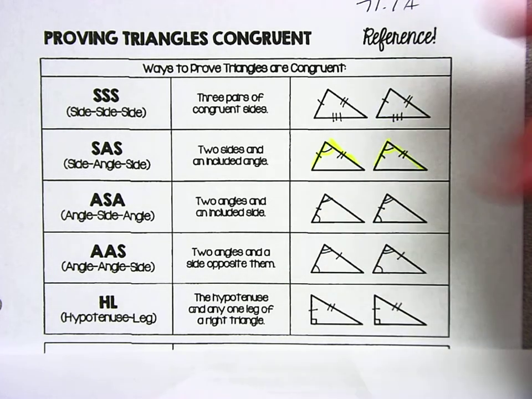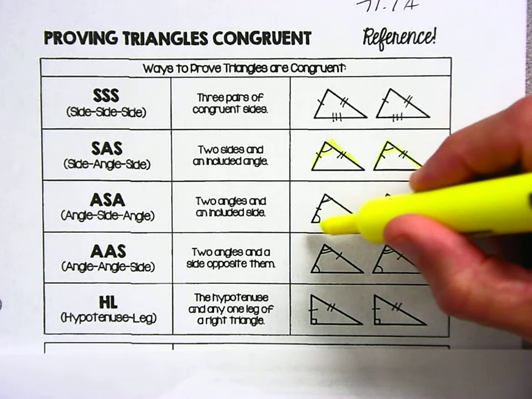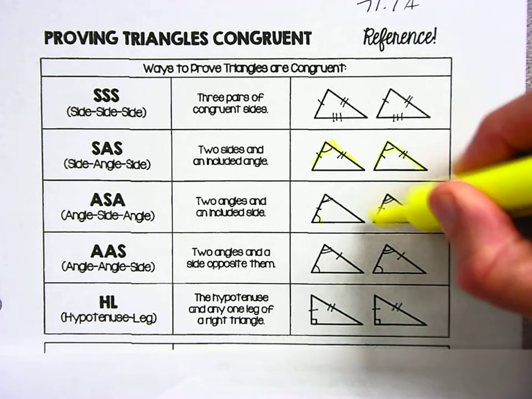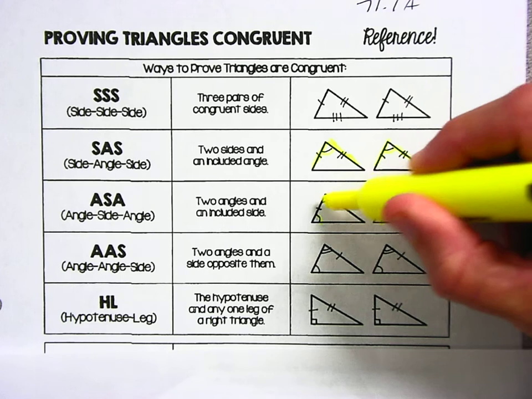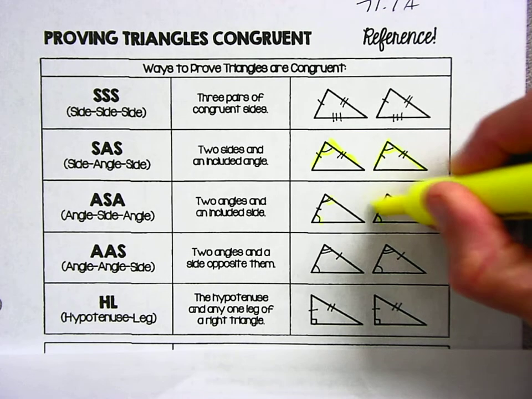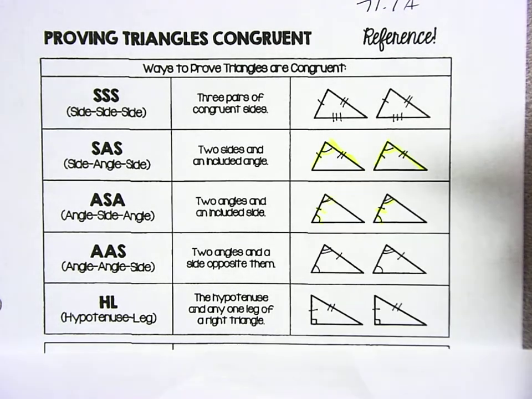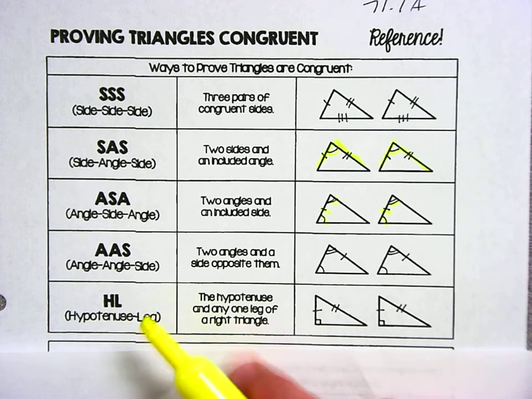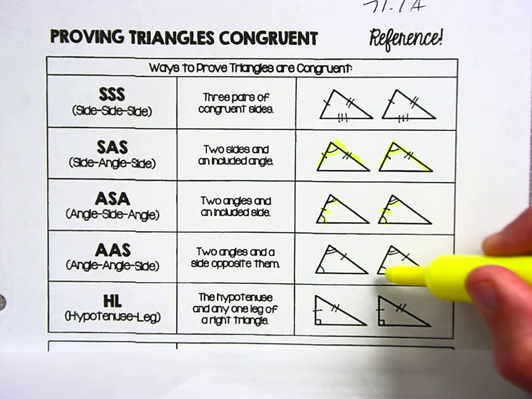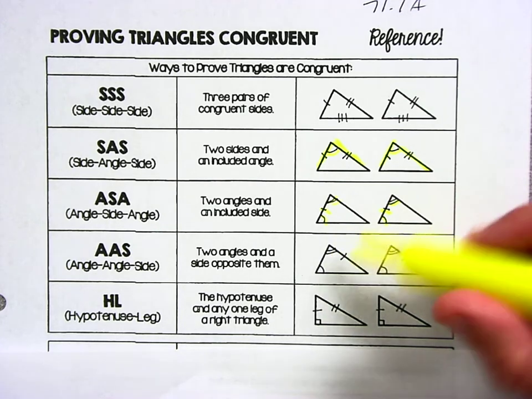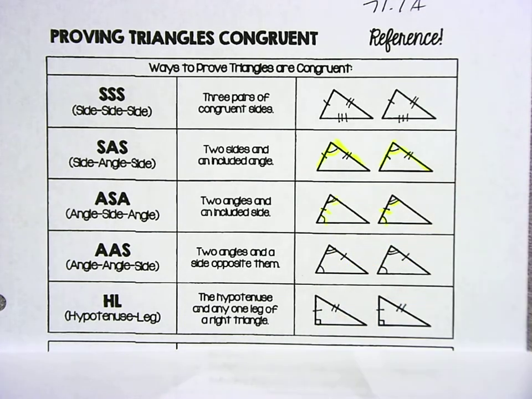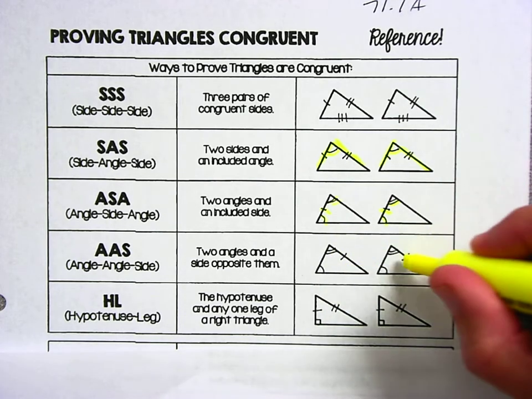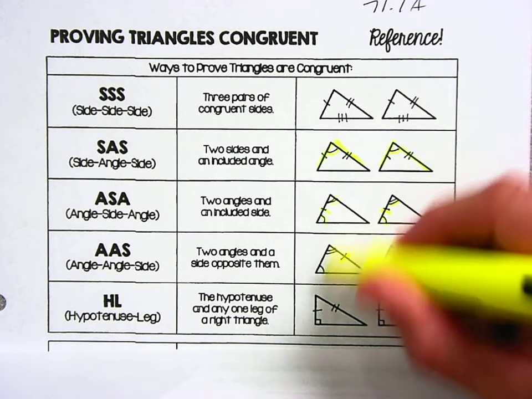Angle, side, angle, similar, except for it's two pairs of angles. So look, this pair of angles are congruent, this pair of angles are congruent, but then it's got to be the side that's in between, okay? Finally, you notice this one doesn't have the S in the middle. If you have one pair of angles and another pair of angles and what they call a non-included side, not touching those two angles, see how it's not touching both of those angles?